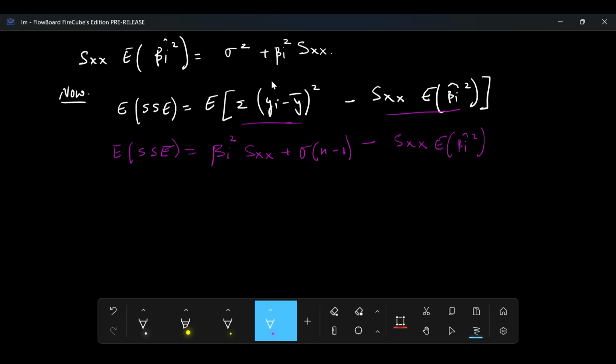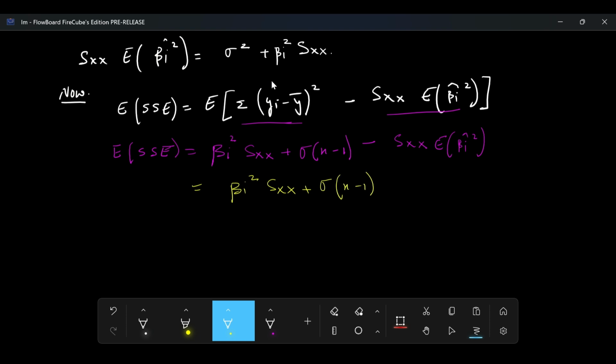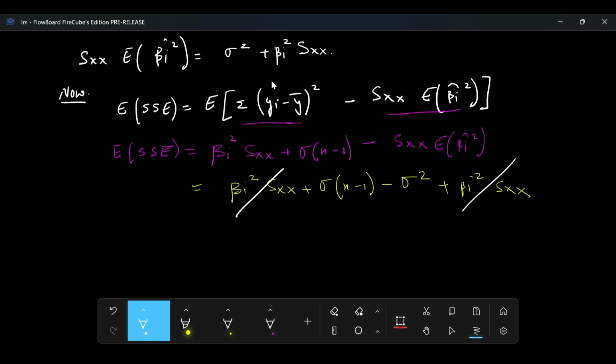Clear? So now this is equal to beta1 square SXX plus sigma square n minus 1 minus sigma square plus beta1 square SXX. Wait a minute, this is minus. This term and this term will cancel each other, so we are left with sigma square n minus 1 minus sigma square. So this is equal to sigma square n minus sigma square.